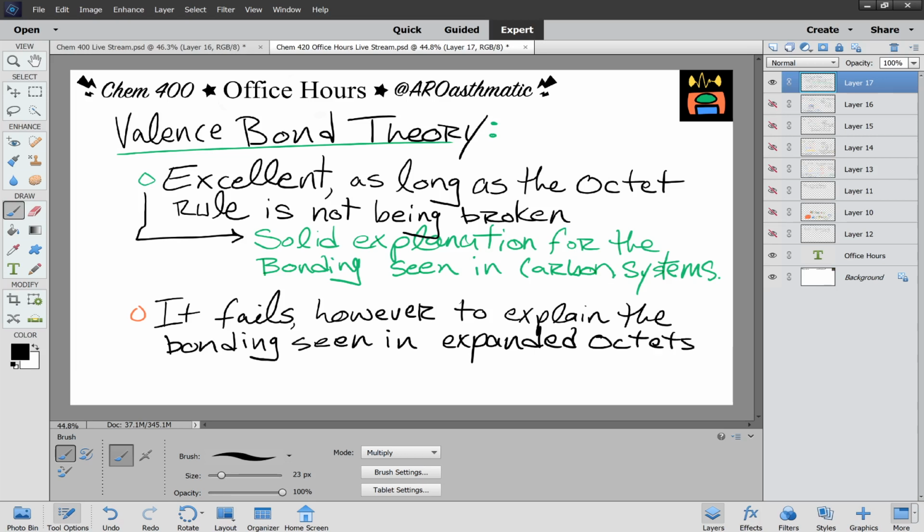So valence bond theory breaks down when you break the octet rule. It doesn't have good explanations for the bonding that we observe in those systems, and so it gets replaced by a competing theory that has a different take on bonding called molecular orbital theory. So valence bond theory works in very simple cases but doesn't work for expanded octets.